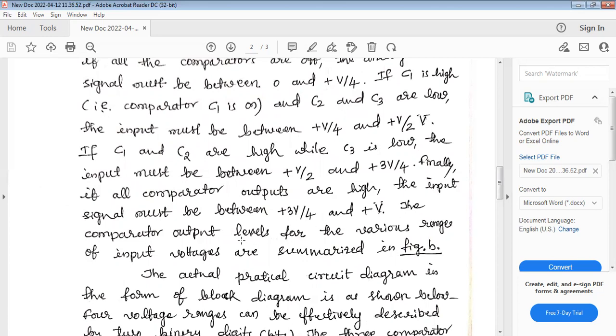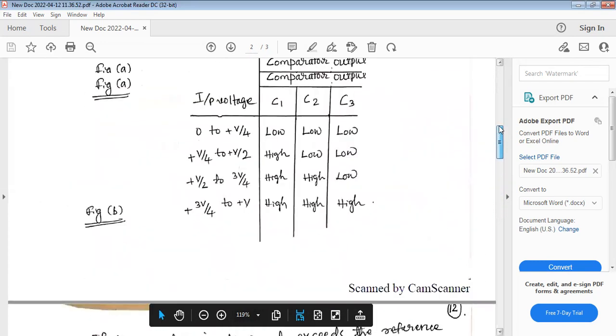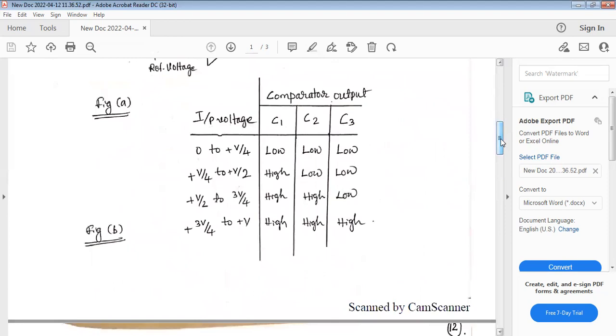The comparator output levels for the various ranges of input voltages are summarized in table or figure B. So in this table, we can understand that when the input voltage lies between 0 and plus V by 4, but not exceeding V by 4, then all the three comparators, C1, C2, C3, are at a low position.